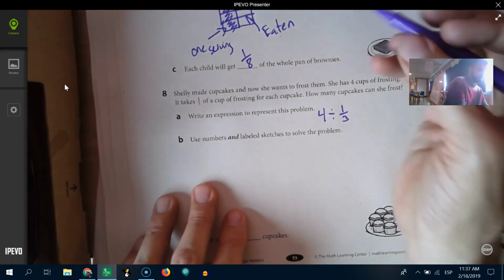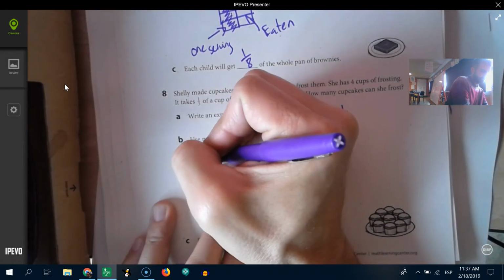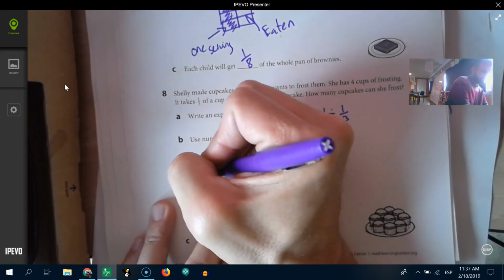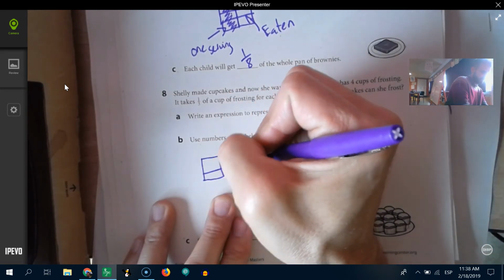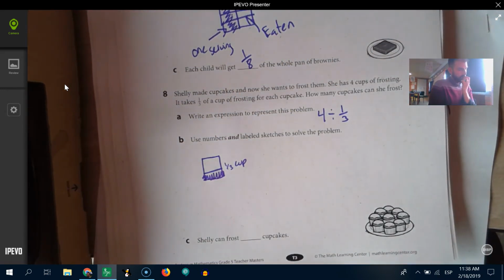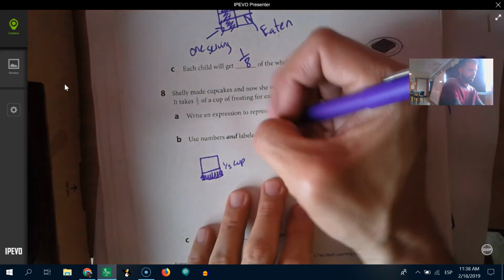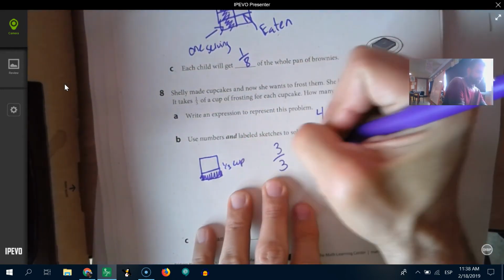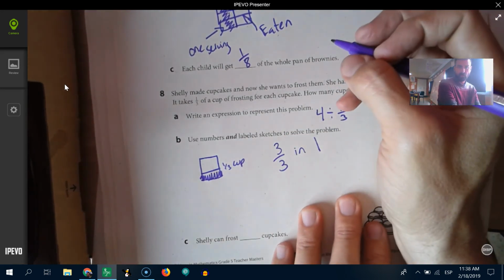So if I have, so 1 serving is 1/3 of a cup. There are 3/3 in 1, right? 3/3 is 1.